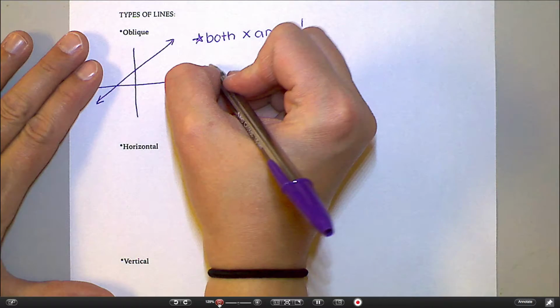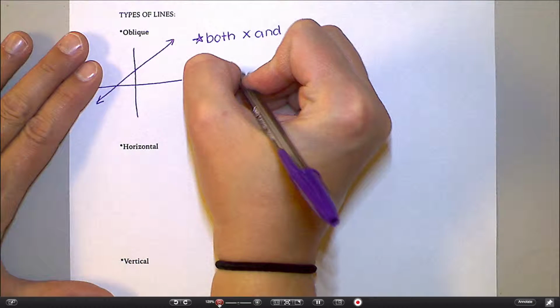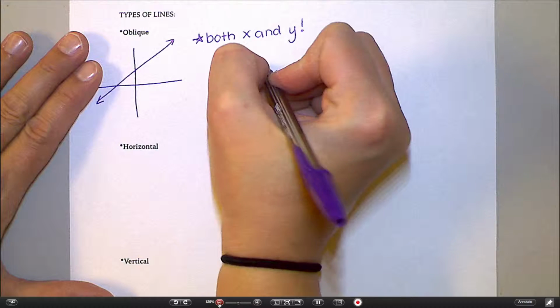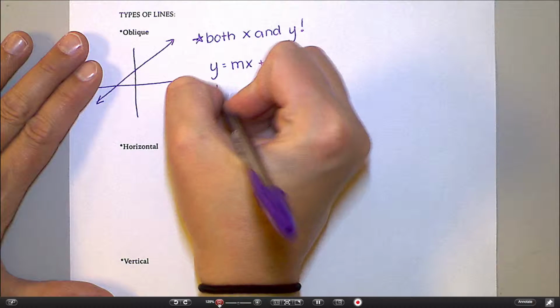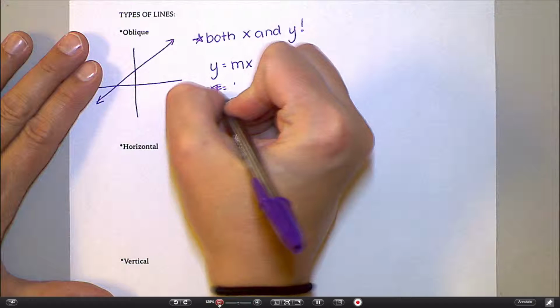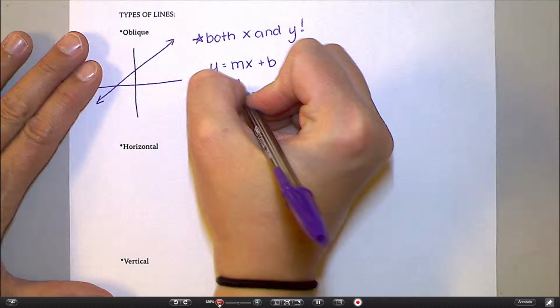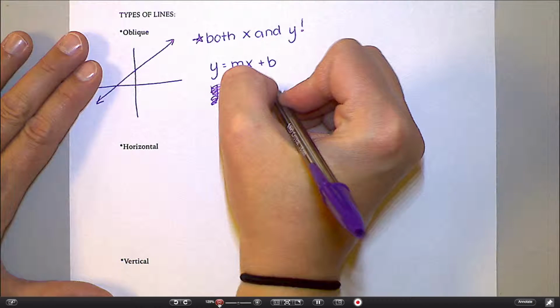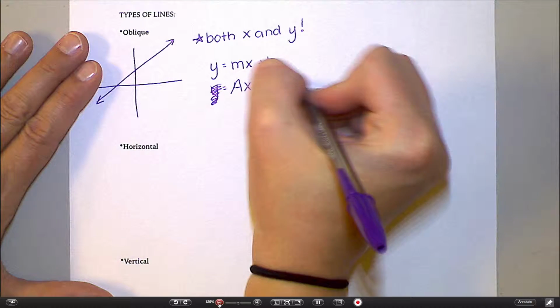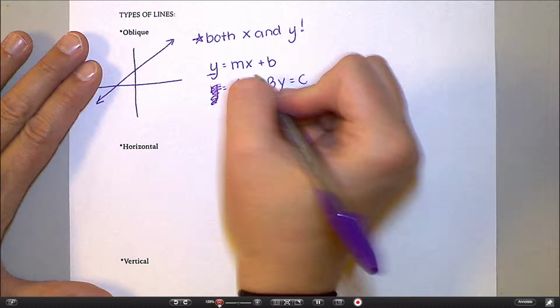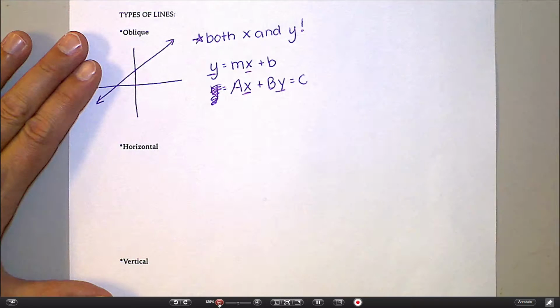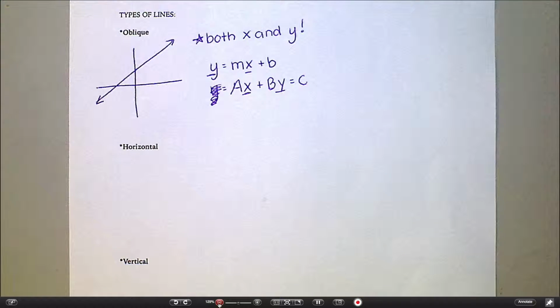And we can write these in either slope-intercept form, or we can write them in standard form. Whoops, that's not y equals then. Standard form looks like this: ax plus by equals c. And notice these both have a y and an x in them. X and y.